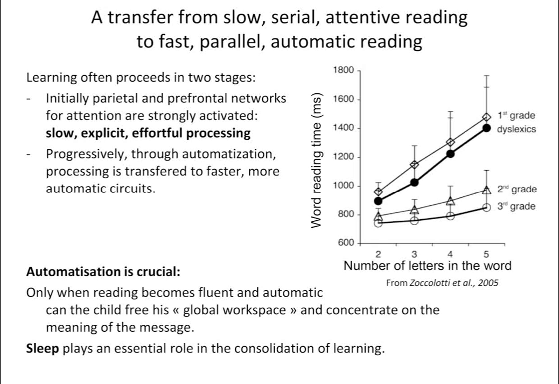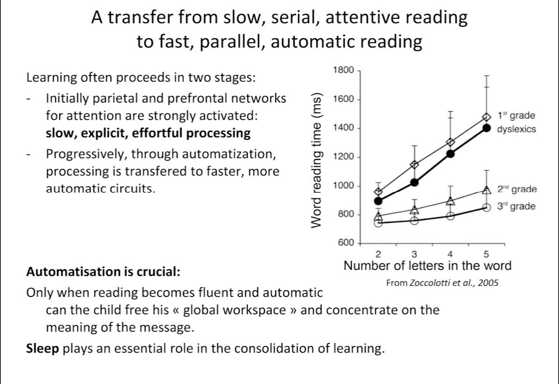First, there is very strong involvement of parietal and prefrontal networks for attention, strongly activating during a phase of slow, explicit, effortful processing, and progressively the circuit will automatize, these areas will disappear, and we'll see an increase in more ventral posterior systems.